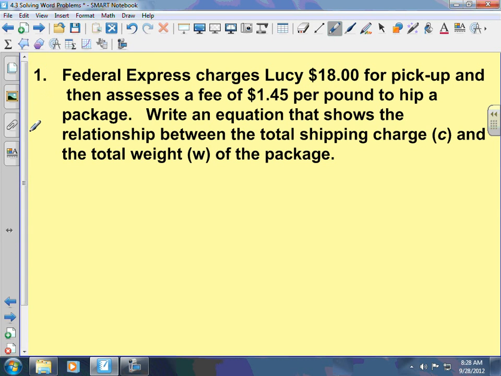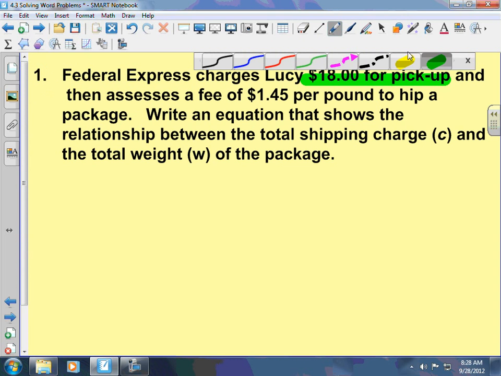This question is exactly like what we did yesterday. It is the write an equation problem. It is not solve, it's write an equation. Let's look at our equation. Federal Express charges Lucy $18 to pick up a package. They then charge $1.45 per pound to hip the package.